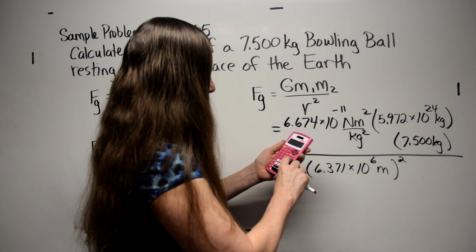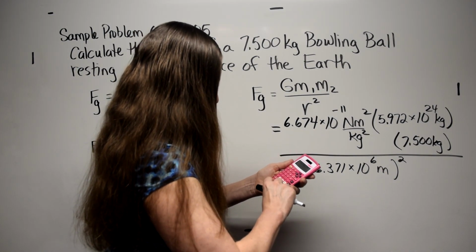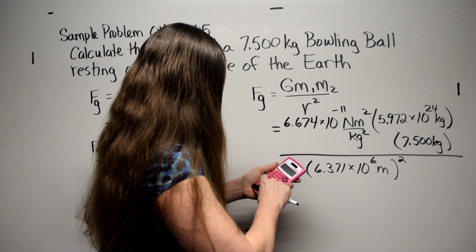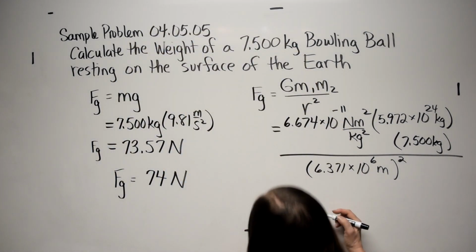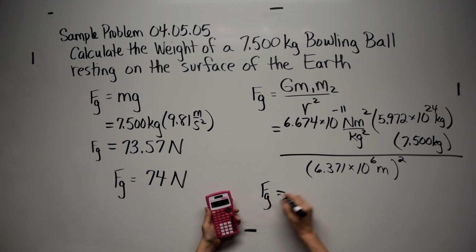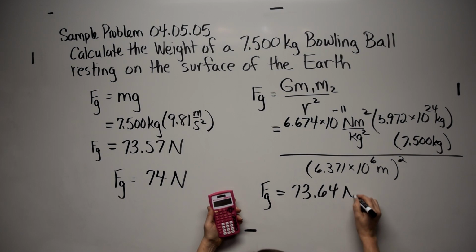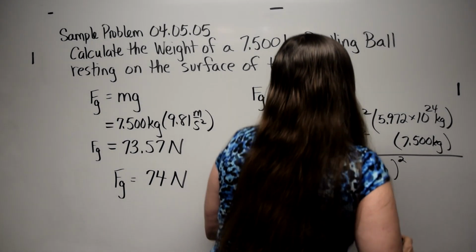Now divide that by, open the parentheses, 6.371 times 10 to the 6th, square that, close the parentheses. Aha! We're getting 73.64 newtons. So again, to 2 significant figures, we agree.